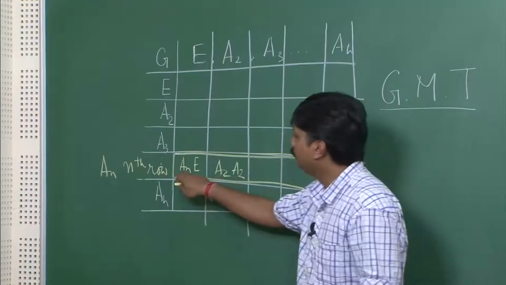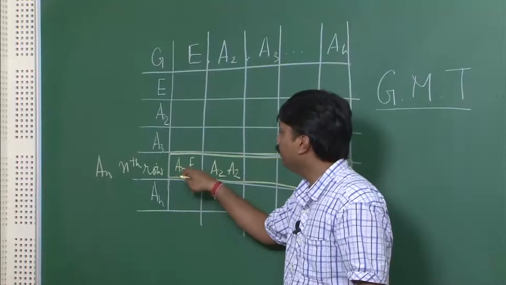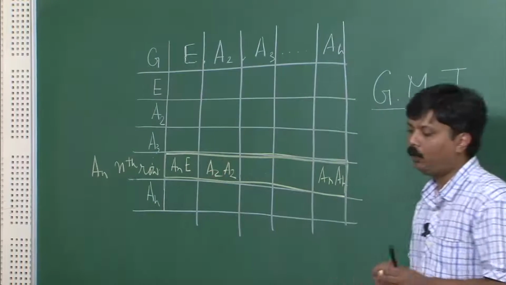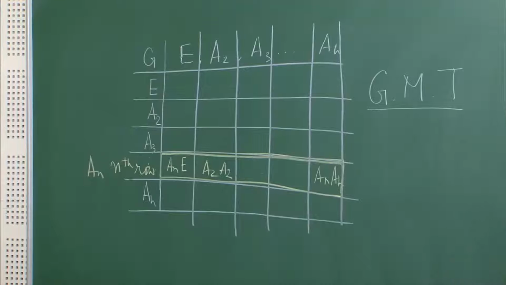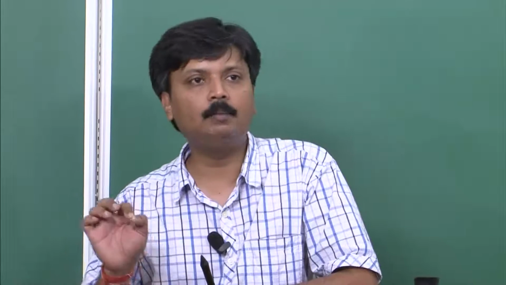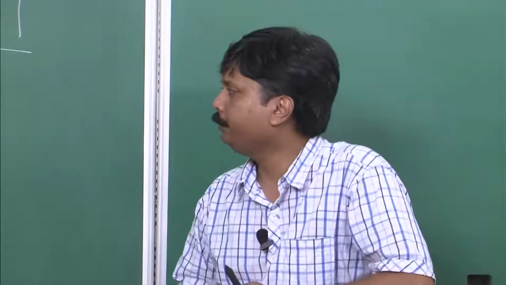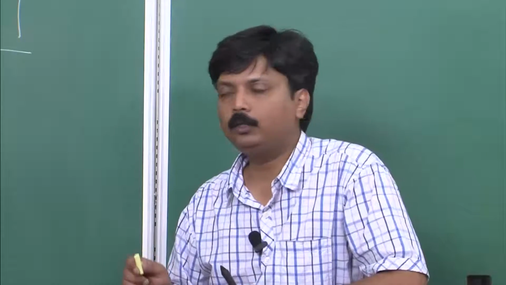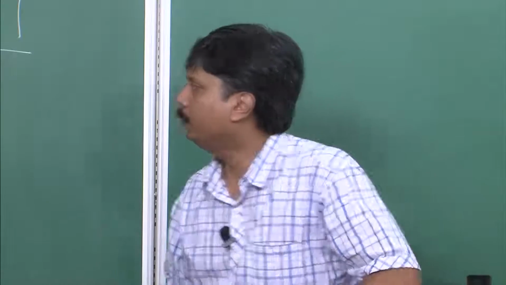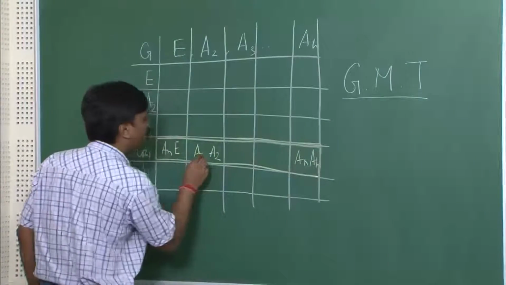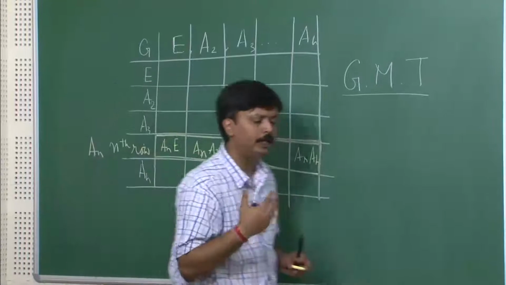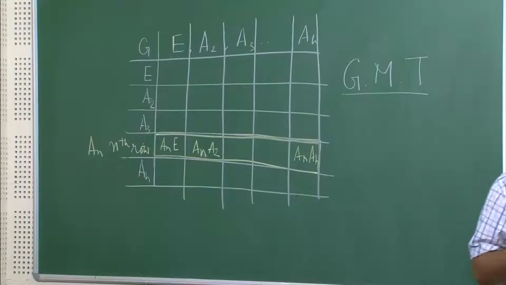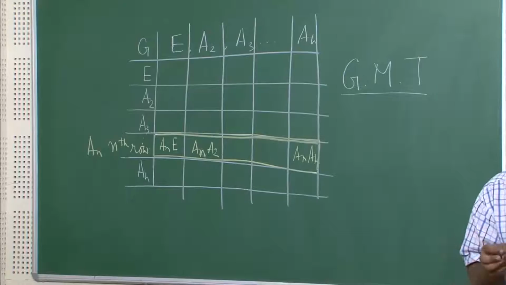Now E to AH, all these are unique elements of this group, right? So none of these elements are the same. That we have already learned. Now their combinations, when I have say ANE or ANA2, all these combinations are also going to give me different products.